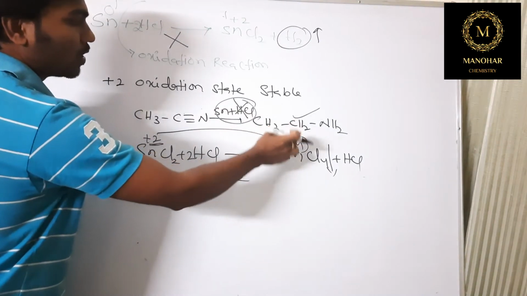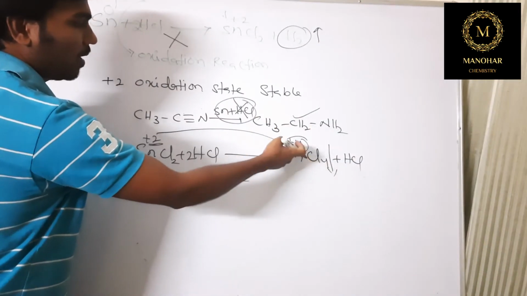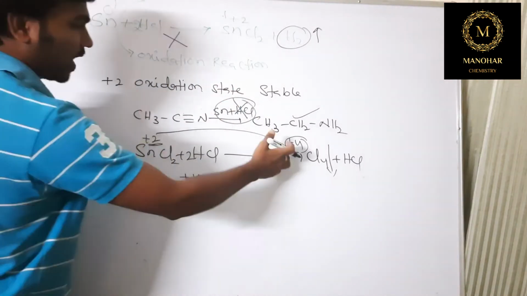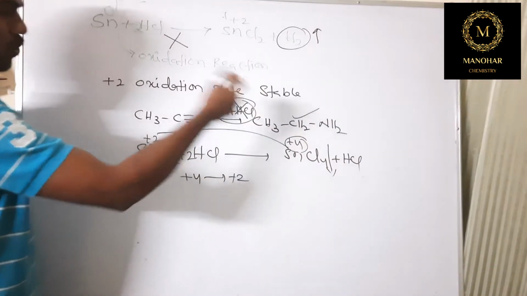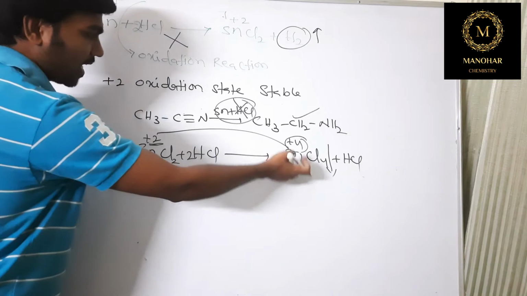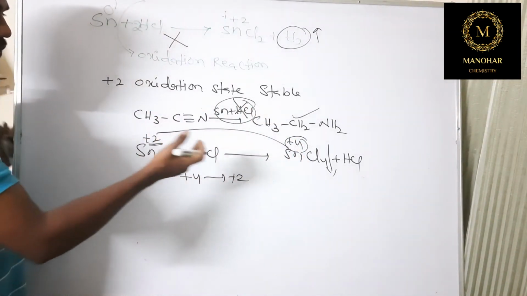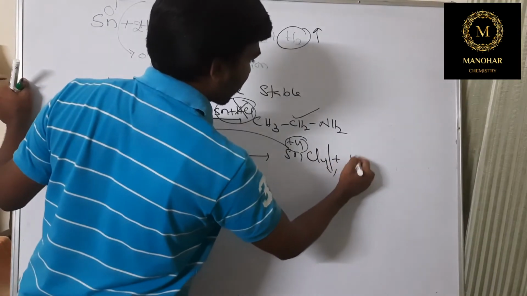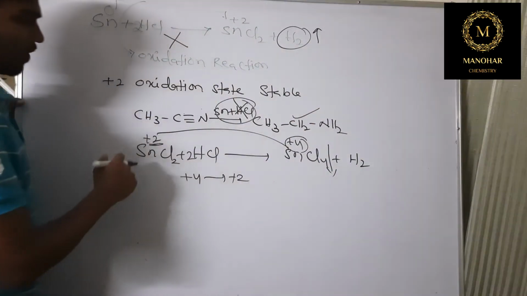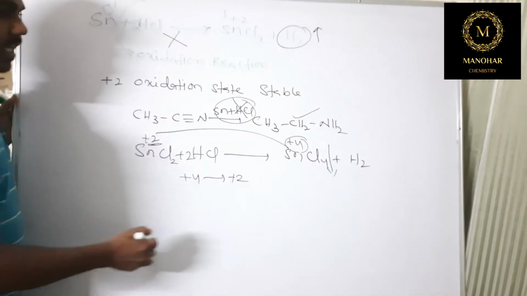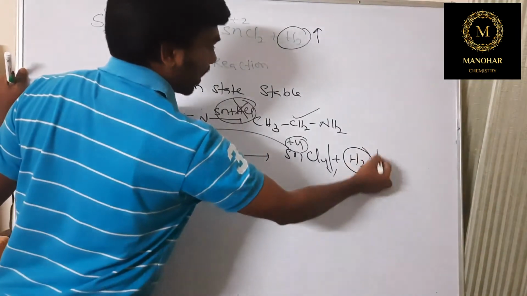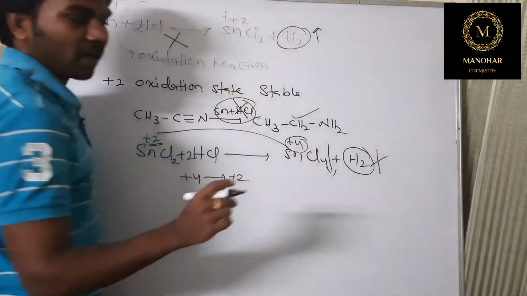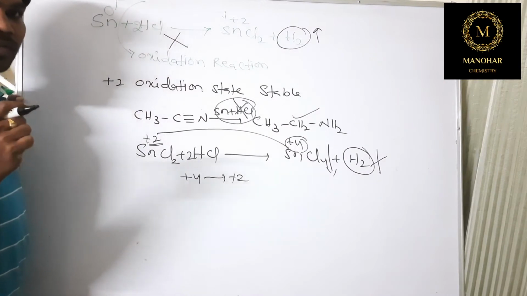Sn plus 4 is less stable, so it wants to get more stability by changing the reaction from the forward direction to the backward direction, so this reaction will be reversible here. When the reaction is reversible, an excess amount of hydrogen will not be produced. A limited amount of hydrogen will be produced.